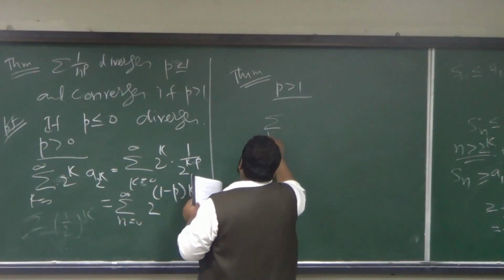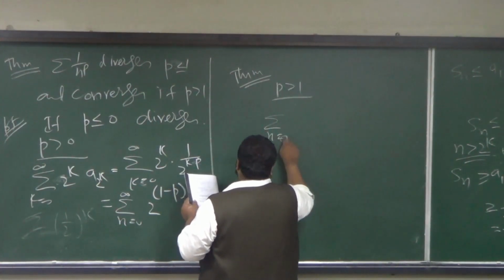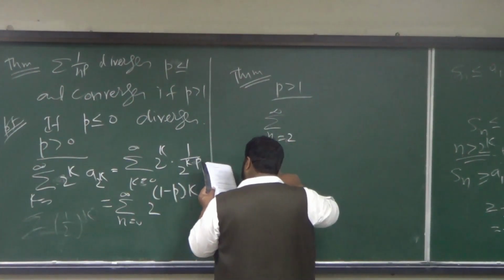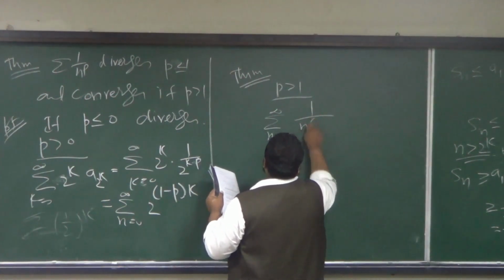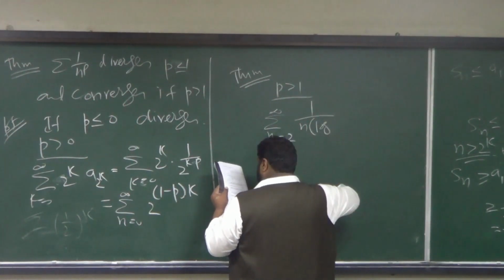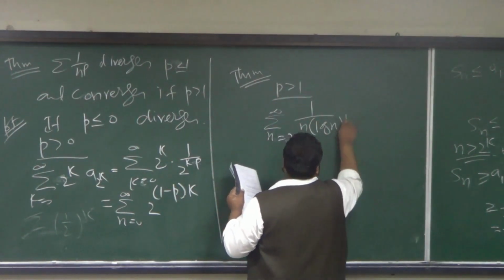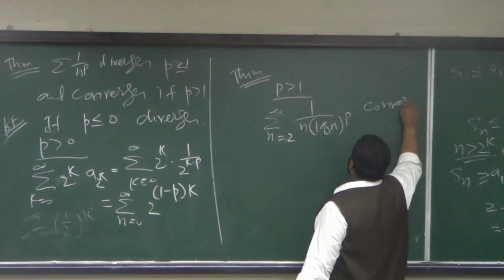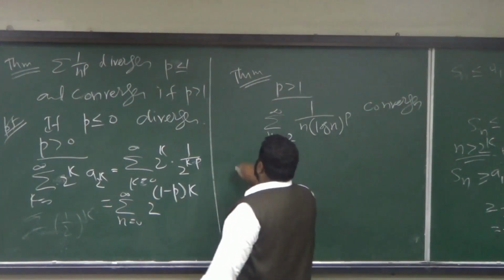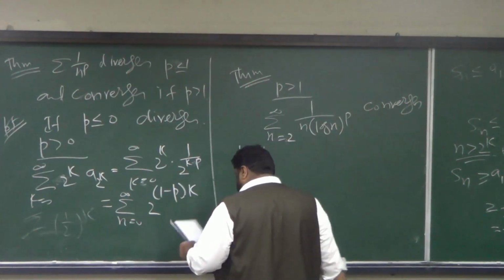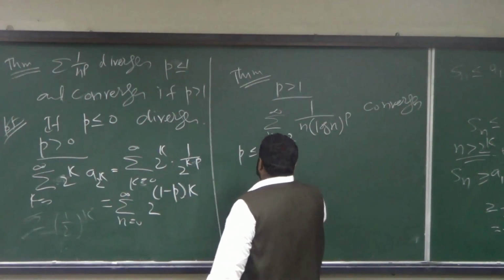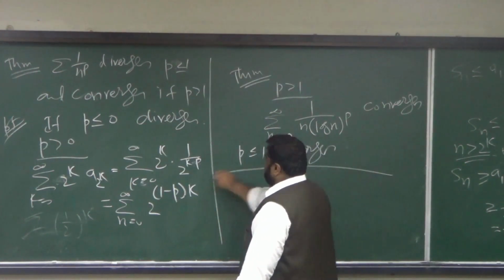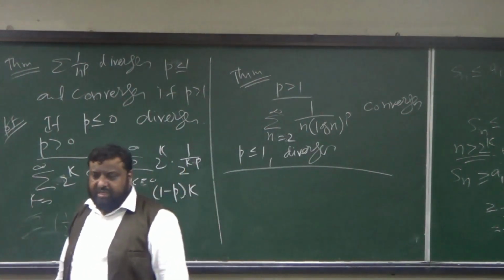If p is bigger than 1, then the sum from n equal to 2 to infinity of 1 over n times (log n) raised to p converges, and if p is less than or equal to 1, it diverges.